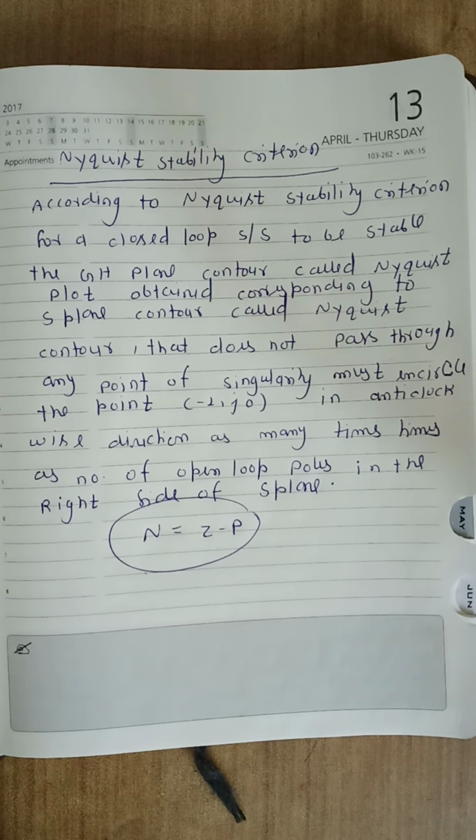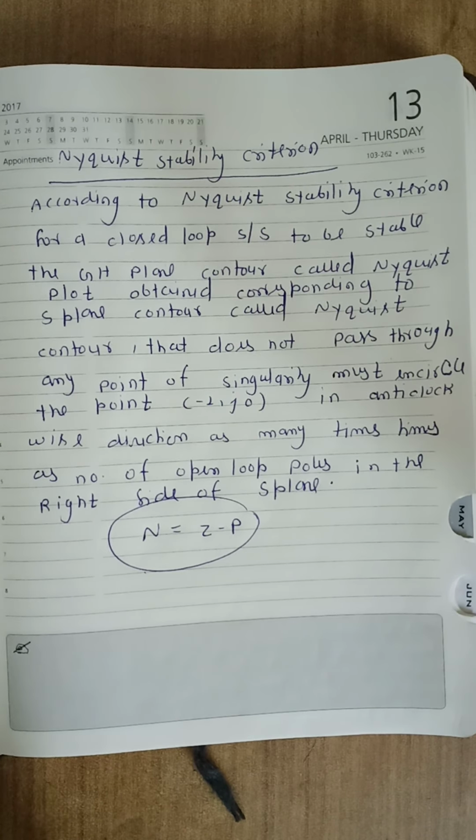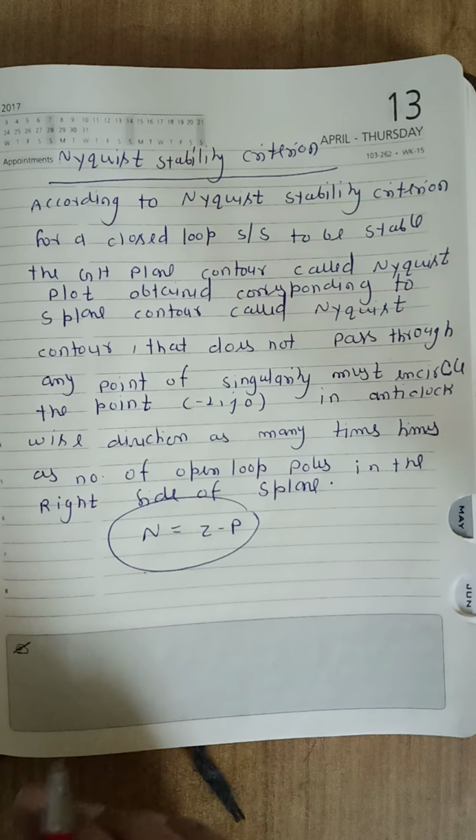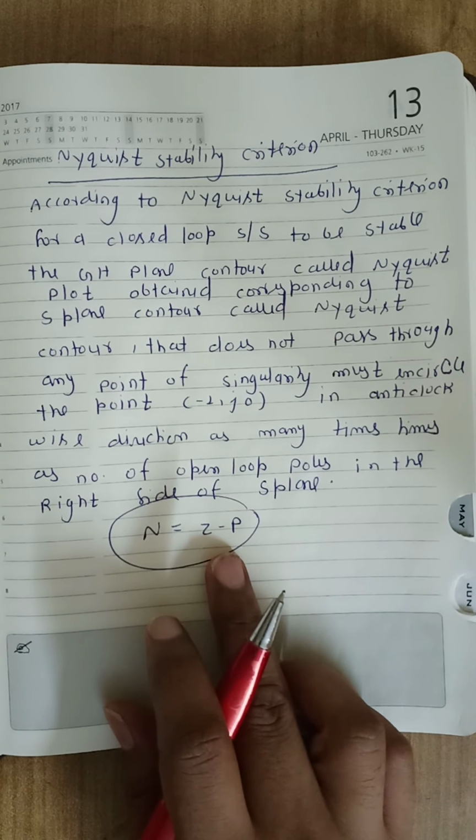After that, we will see number of encirclements for point -1 comma j0. Then with the help of formula n equal to z minus p, we can define the stability of the closed loop system according to open loop system, or according to Nyquist plot for open loop system.